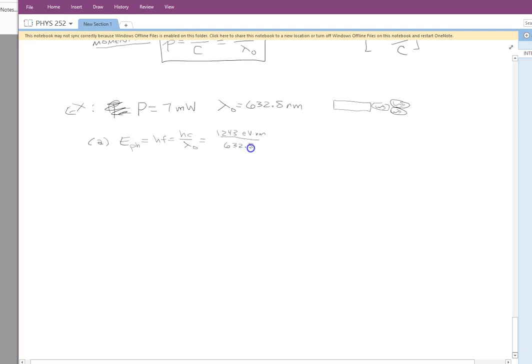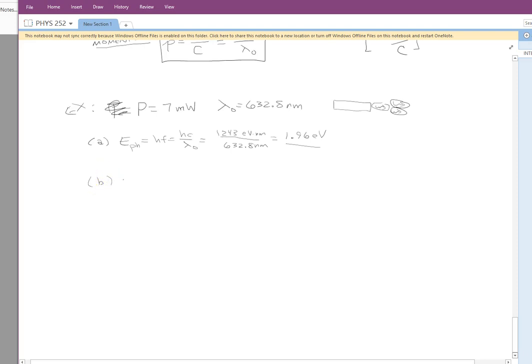It was given to me in nanometers, which is really convenient. If I just punch that in the calculator, I get 1.96 eV. And if nobody asks me for joules, I don't need to convert that. Let's leave it like that.